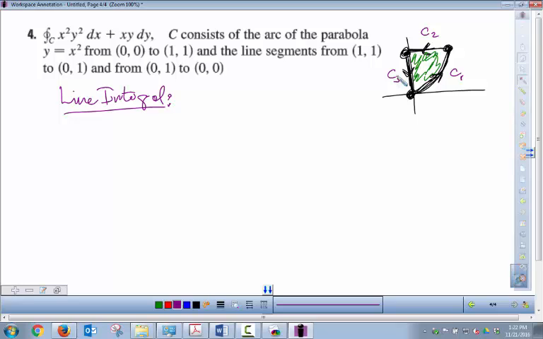Okay? Already I'm not liking this, but let's go through it. So your line integral is going to equal the line integral over C1 plus the line integral over C2 plus the line integral over C3.